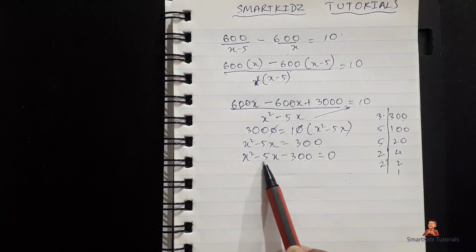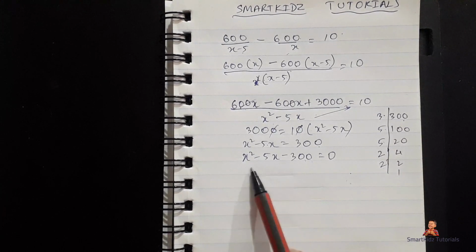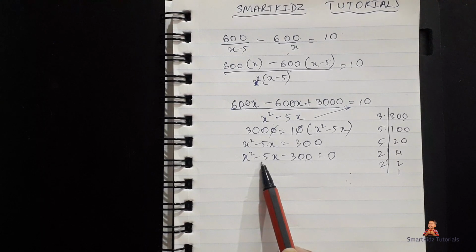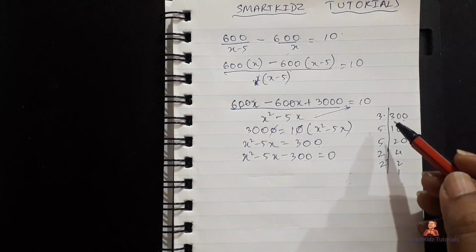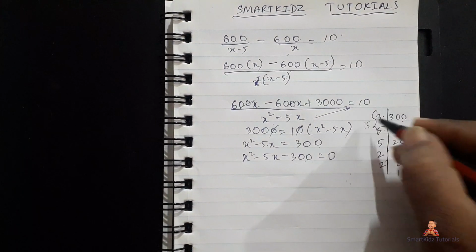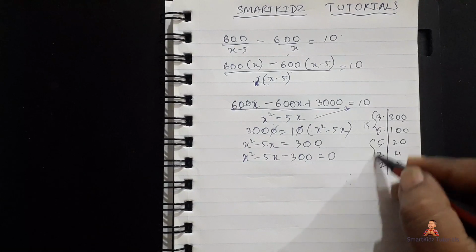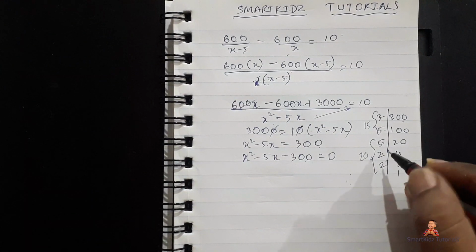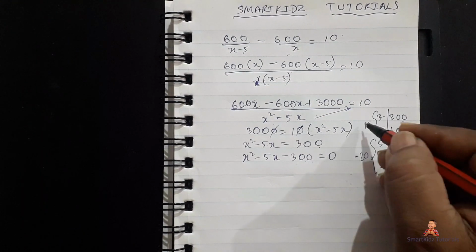So we have minus 5x and minus 300 over here, which means there should be a difference with the sign of the greater number being negative. So in this case, easily we can make out that if we take this 5 and 3 we get 15, and we take the remaining we get 20. 5 into 2 is 10, 10 into 2 is 20. This has to be the sign of the greater number plus.